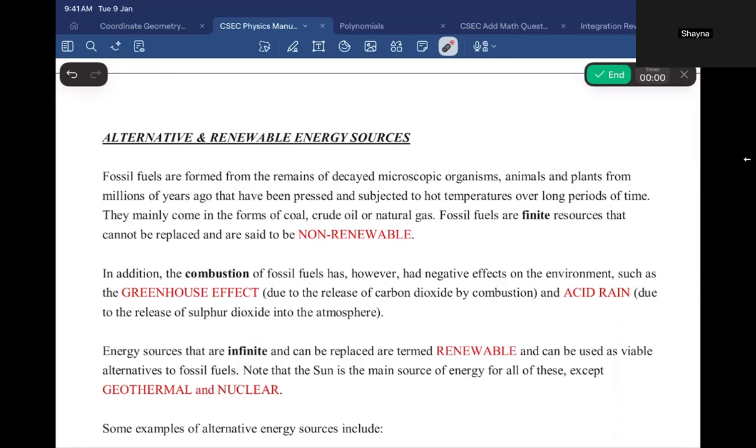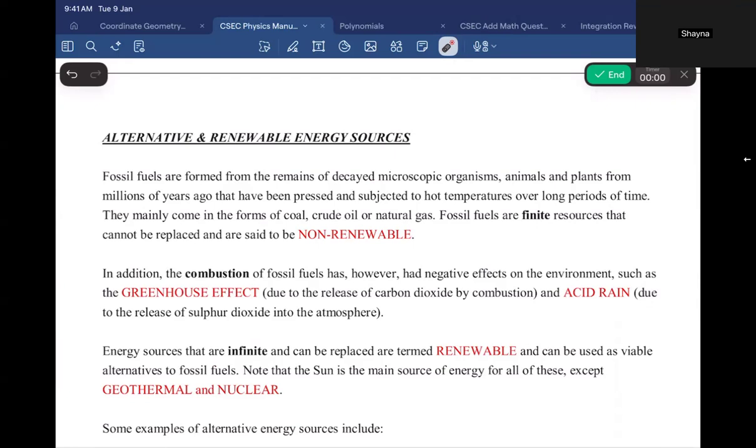Alternative and renewable energy sources. Fossil fuels are formed when the remains of decayed microscopic organisms, animals, and plants from millions of years ago have been pressed and subjected to hot temperatures over long periods of time. They mainly come in the form of coal, crude oil, or natural gas. Fossil fuels are finite resources that cannot be replaced and are said to be non-renewable.